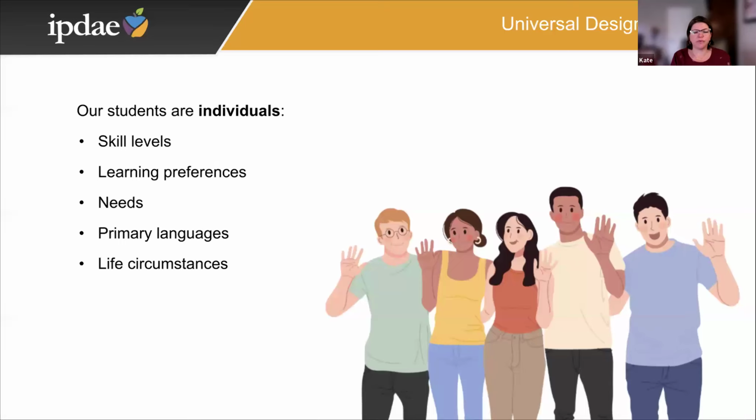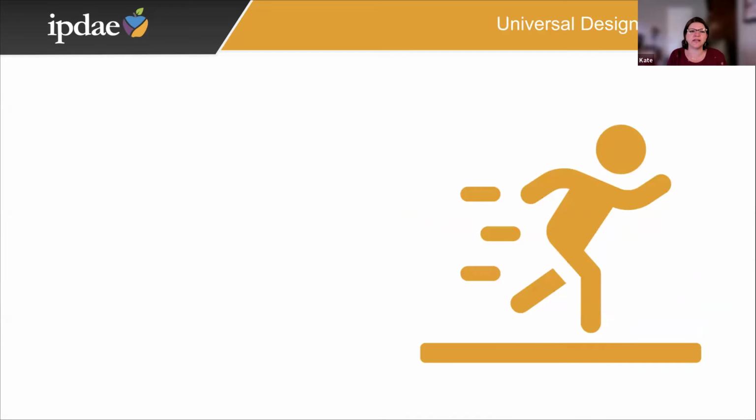Any classroom is full of students with a variety of needs, but I would say of all the places I've taught, the adult education classroom definitely has the biggest variety of students with different skill levels, different learning preferences, needs, primary languages, life circumstances. I mean, my goodness, our students are all over the place.